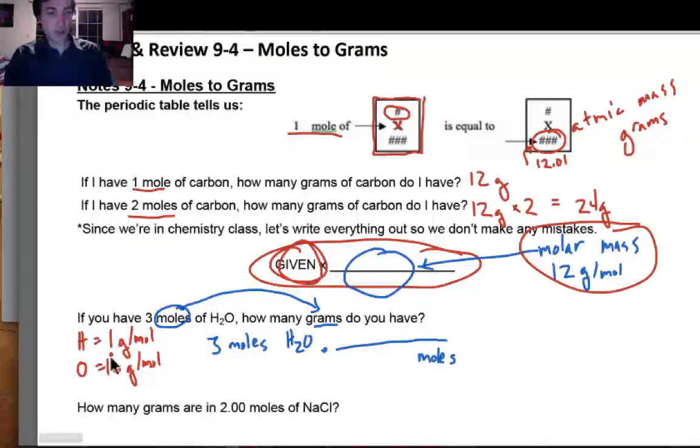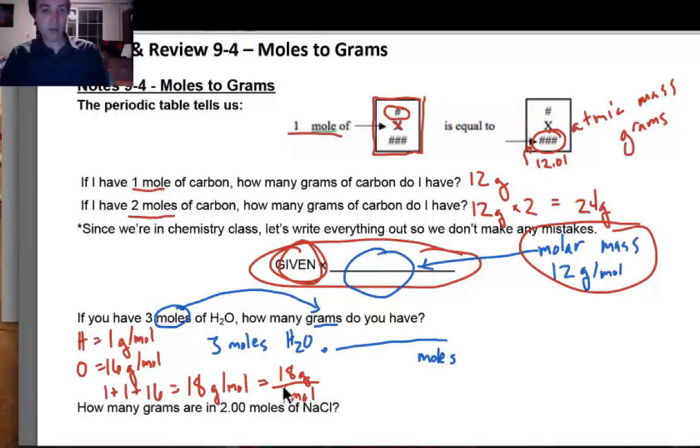If we add those together, keeping in mind that water has 2 hydrogens, that means 1 plus 1 for 2 hydrogens, and then we add in the mass of that oxygen, which is 16, that tells us that water has a molar mass of 18 grams per mole. Another way we could write this, if it helps you, is 18 grams over 1 mole, meaning 1 mole of water is equal to 18 grams.